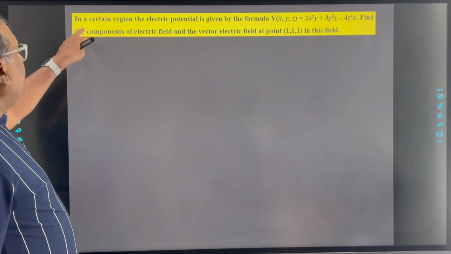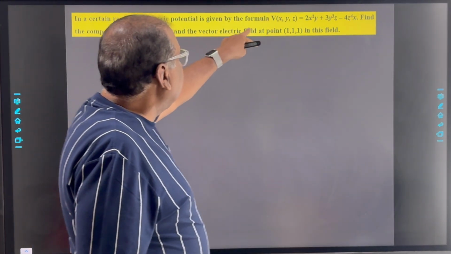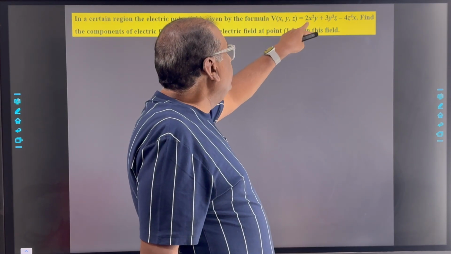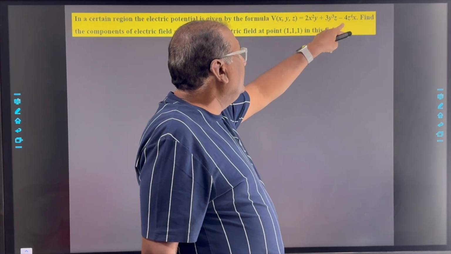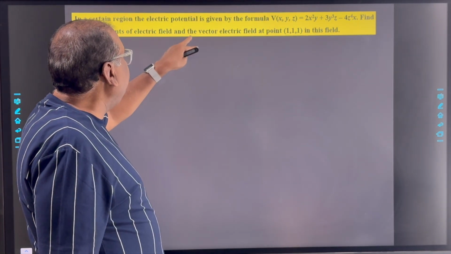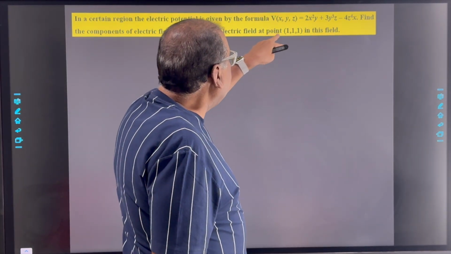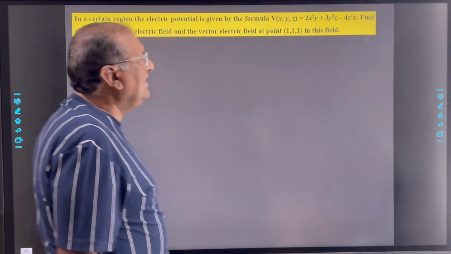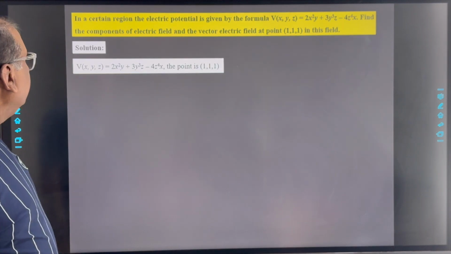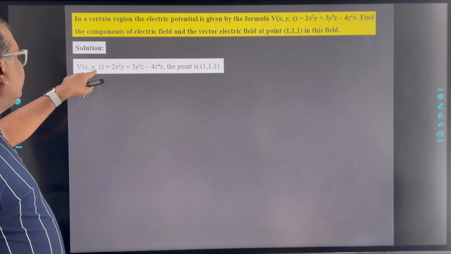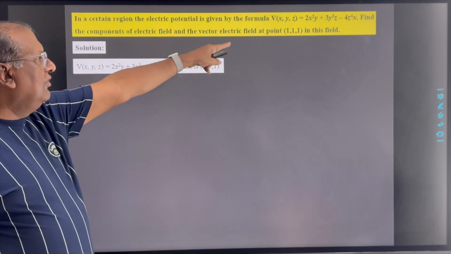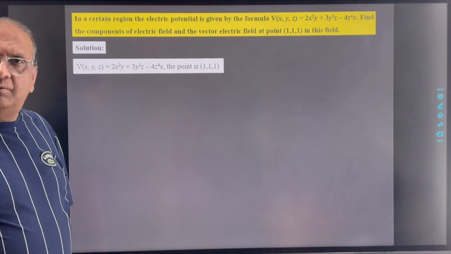See, in a certain region, the electric potential is given by the formula V, a function of x, y, z, equal to 2x square y plus 3y cube z minus 4z to the power 4 x. Find the components of electric field and the vector electric field at point 1, 1, 1 in this particular field. So, V is a function of x, y, z and that is given to you, and the point where you want to find the field is 1, 1, 1.